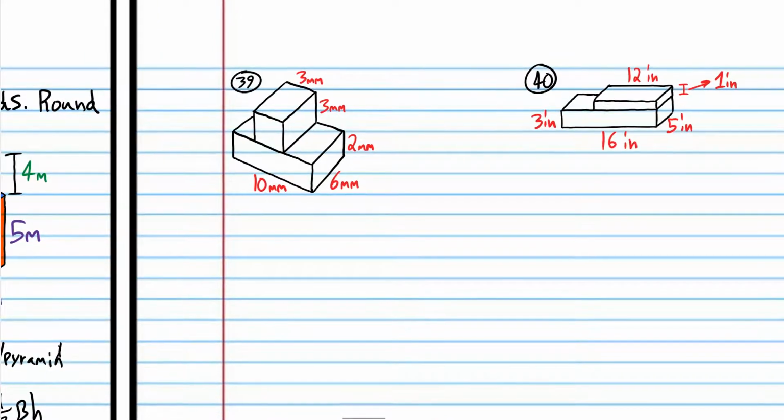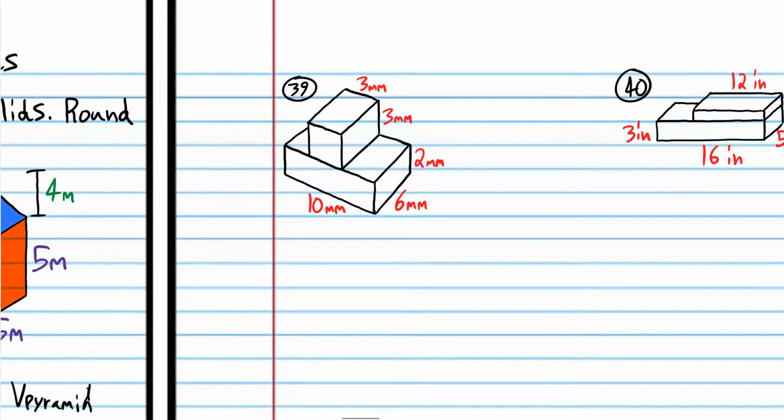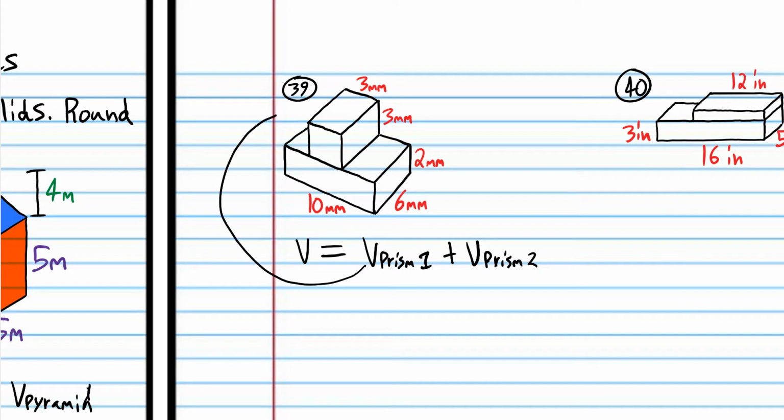We've got two rectangular prisms. So the total volume is equal to the volume of one rectangular prism. I'm going to call it prism 1 plus the volume of prism 2. So prism 1, I'm going to make this top prism, and prism 2 is going to be the bottom prism.